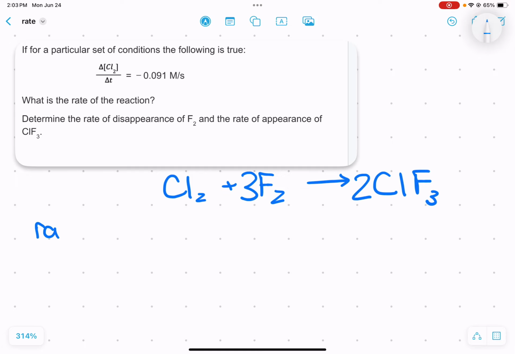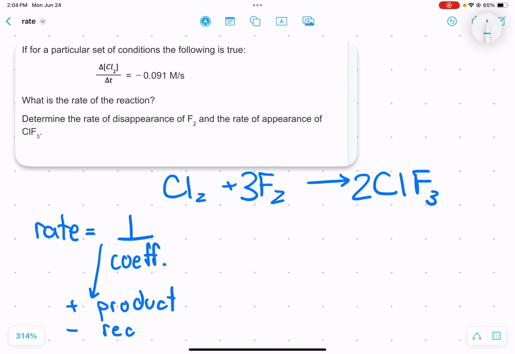So the rate of the reaction is going to be equal to 1 over the coefficient, and it's going to be positive if the thing is a product and negative if the thing is a reactant. And then you just do the change in concentration of the thing over change in time.